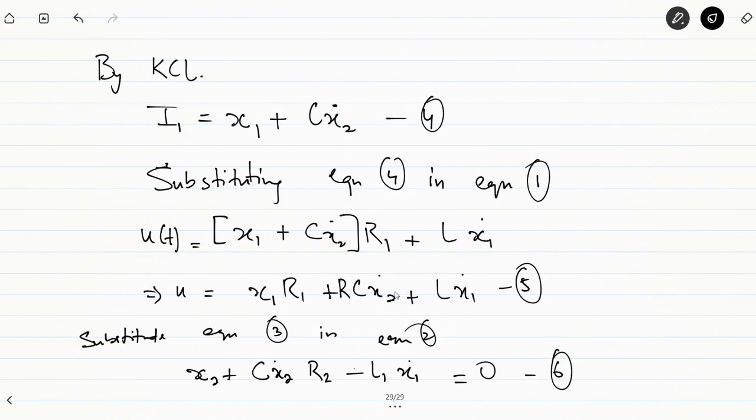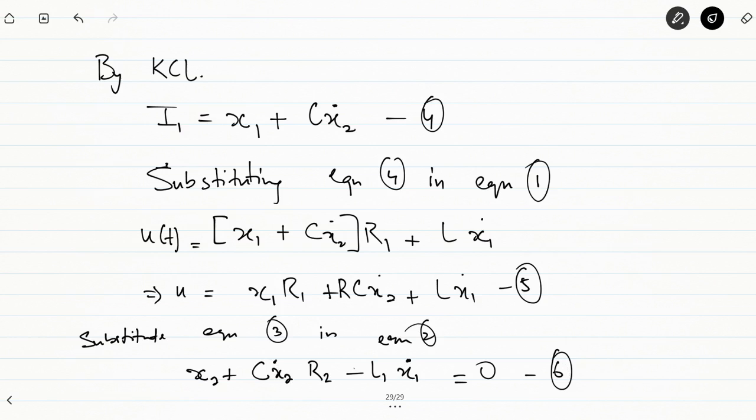अब equation number 5 में और equation number 6 में दोनों में x1 dot भी है, x2 dot भी है. So in equation number 6 again you have x1 dot as well as x2 dot here. So using these two equations we can solve for x1 dot and x2 dot.